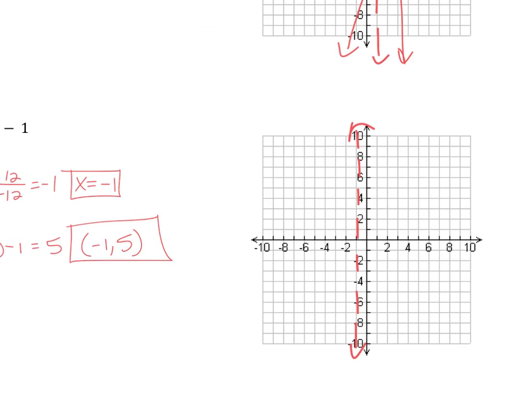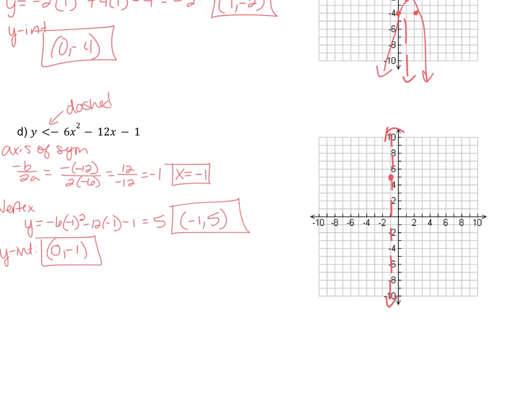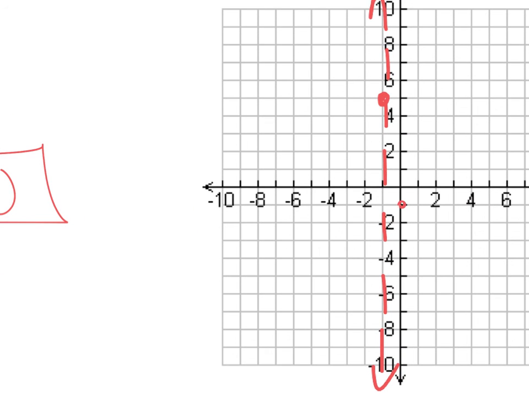Okay, your vertex is at negative 1, 5. Then your y-intercept is at 0, negative 1, way down there. Okay, so it looks like this will be a sad parabola. That's good. So it will look something along these lines.